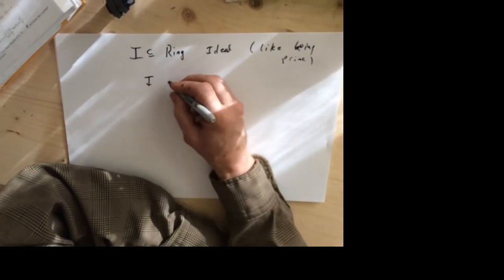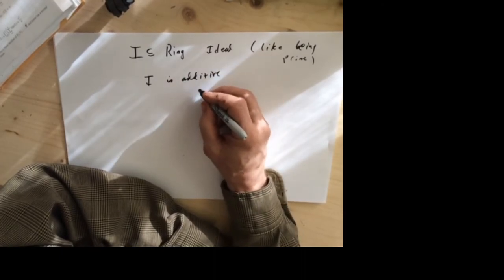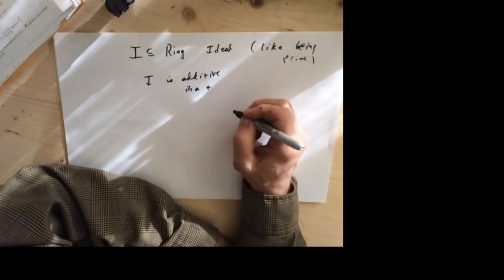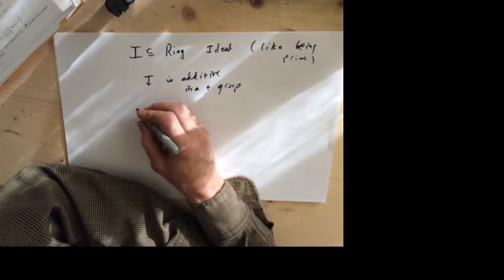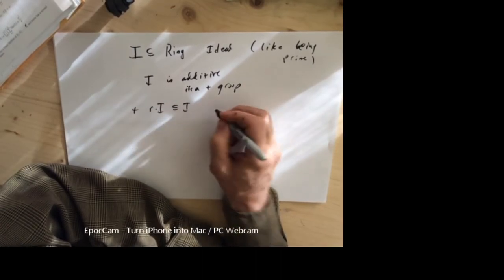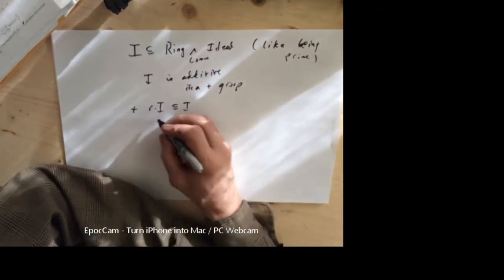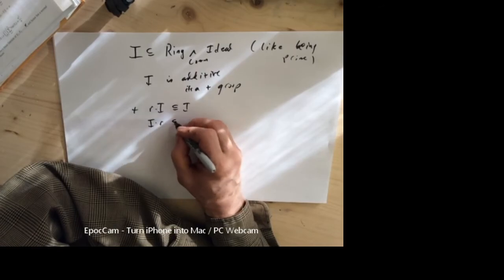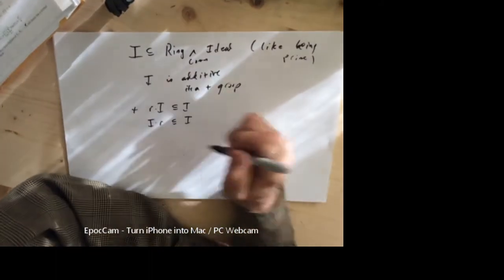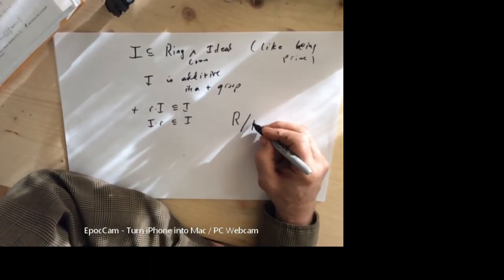If I is additive, which means that it's a plus group, and R times I is contained inside of I. Now if we assume commutative, then we don't have to say the other way, but without commutativity, it requires this process.